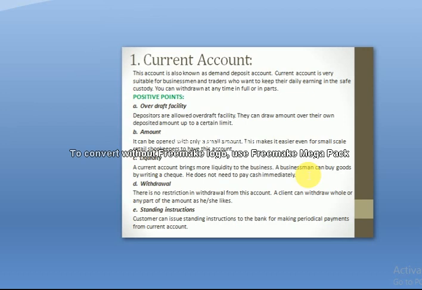Businesses are mostly, dear students, further advantaged with various benefits in the form of free inward remittances, deposits, and withdrawals at any location. Similarly, multi-location transfer is another benefit, from one account to another account transfer.